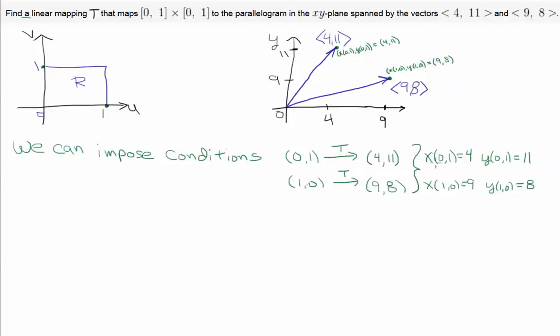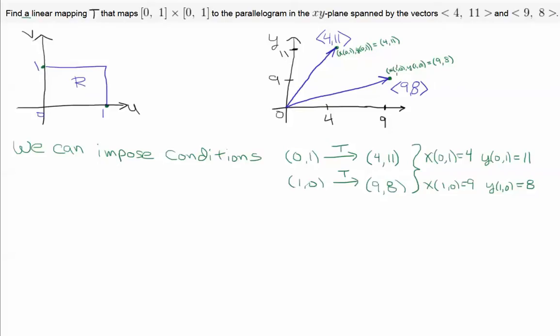And that means that for the point (0, 1), the x-coordinate gets mapped to 4, and the y-coordinate maps to 11.